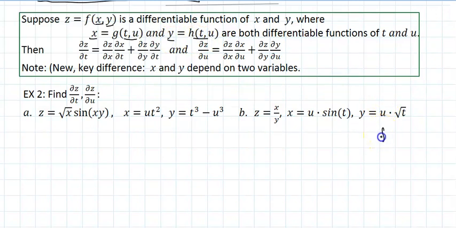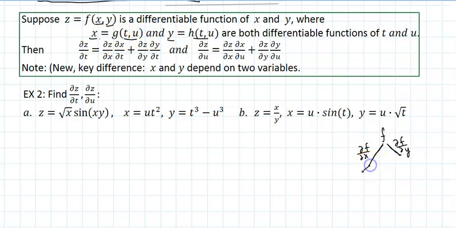We say f. F depends on an x and a y. When I want to take a derivative of f, I'll take the partial of f with respect to the first variable, the partial of f with respect to the second variable. And here now, I have x depending on two of those.